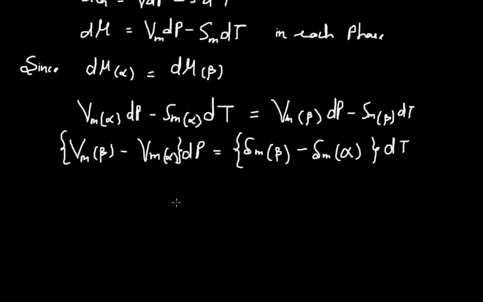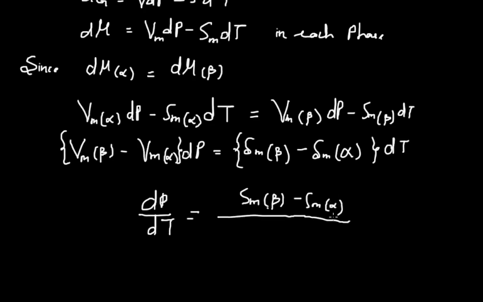So what will this give you? dP by dT, if I transpose here, what you will end up getting is Sm beta phase minus Sm alpha over Vm beta phase minus Vm alpha.